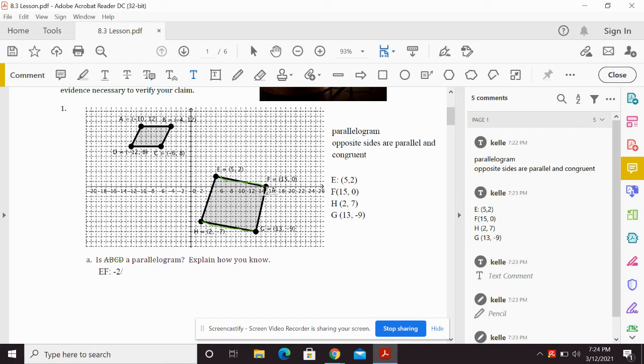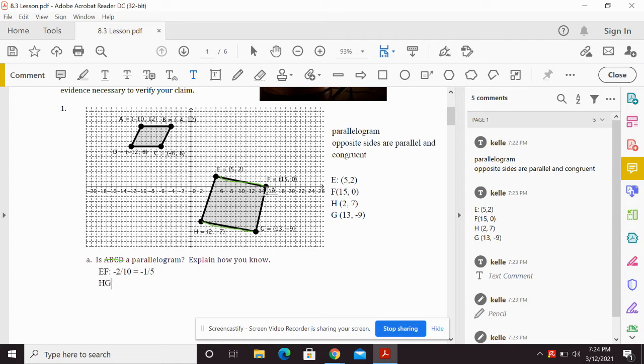That is 10. So that's my change in Y over change in X. We could reduce that if you wanted to. Negative 1/5.